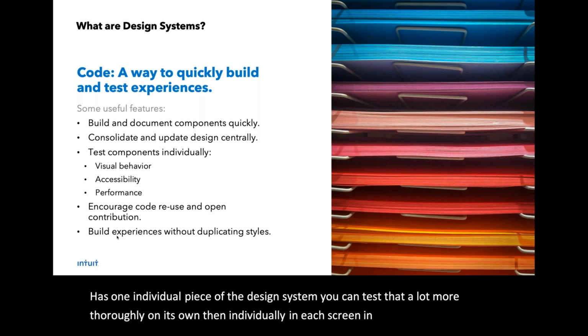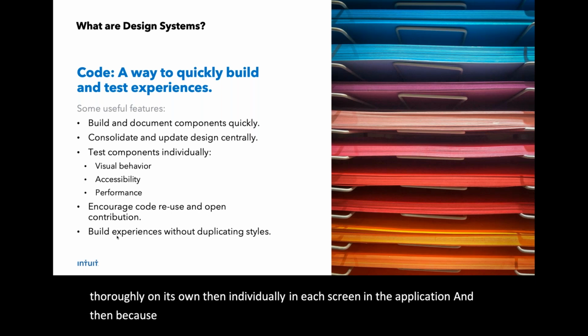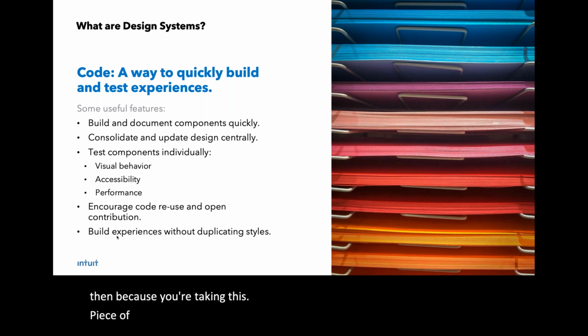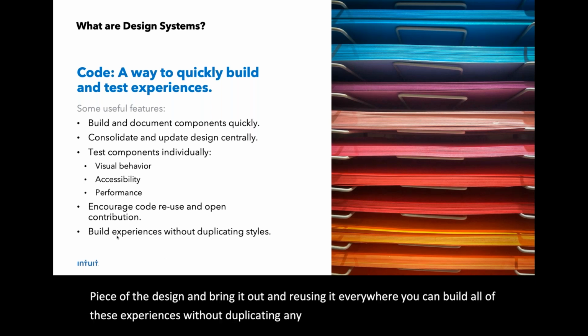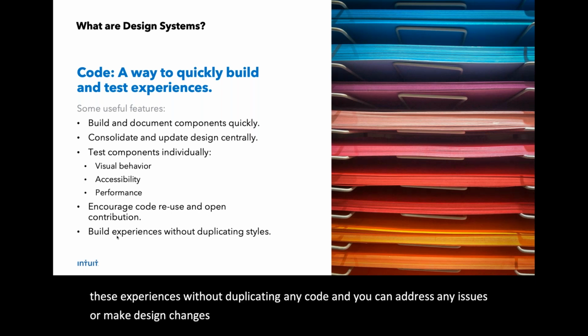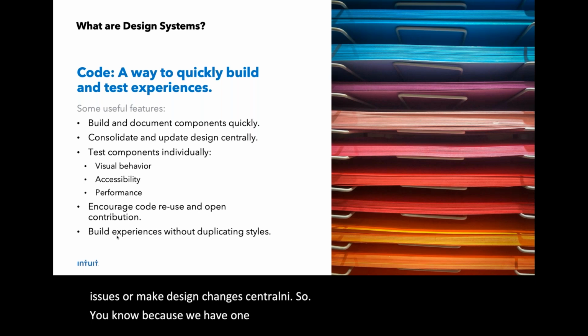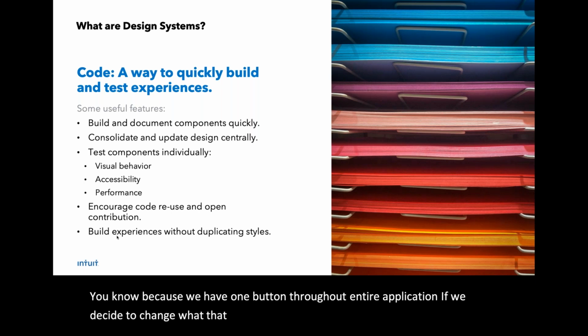And then because you're taking this piece of the design and bringing it out and reusing it everywhere, you can build all of these experiences without duplicating any code, and you can address any issues or make design changes centrally. So, because we have one button throughout the entire application, if we decide to change what that looks like, we can update it one place and then see that update everywhere in the application as well.